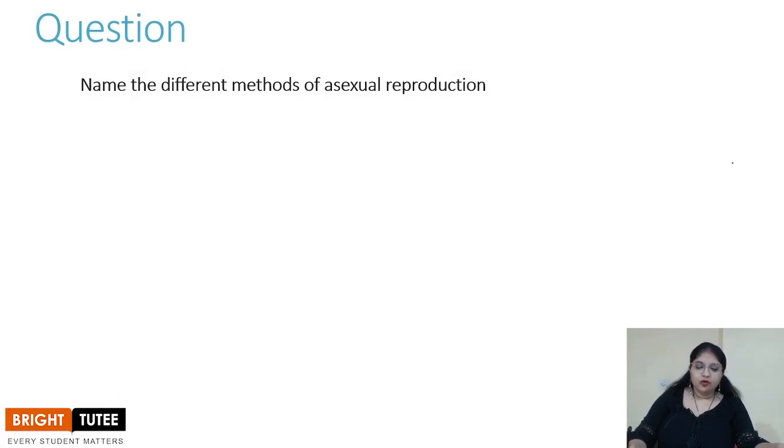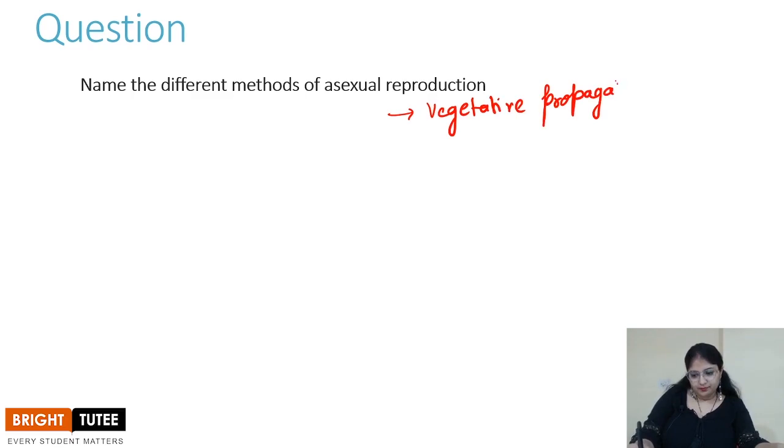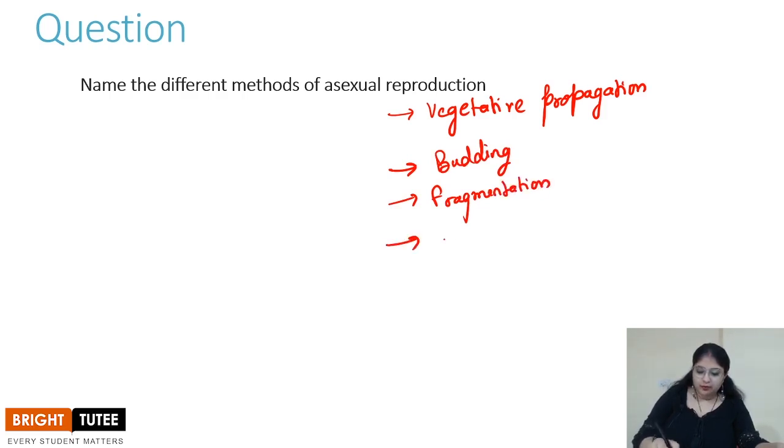Name the different methods of asexual reproduction. So these are vegetative reproduction, alright, vegetative propagation. Then you have budding, fragmentation and spore formation.